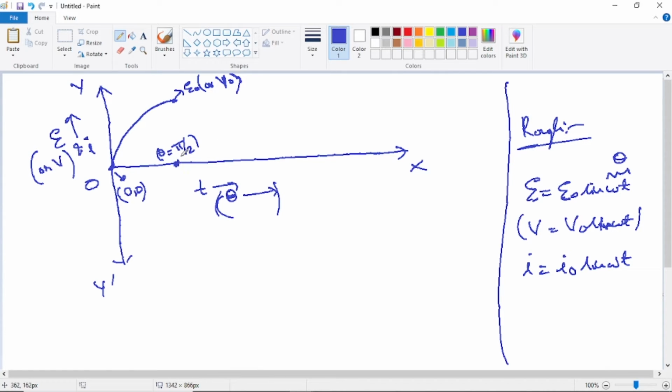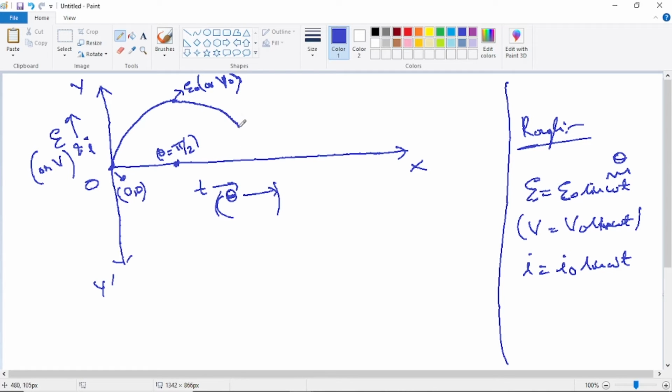Now when theta becomes beyond pi by 2, that is beyond 90 degrees, more than 90 degrees means 100, 110, 120, then sine theta starts decreasing. Sine theta is maximum only at 90 degrees. But when values above 90 degrees are reached, sine theta starts decreasing again. So EMF also decreases because it's proportional to sine theta. So the graph goes down like this.